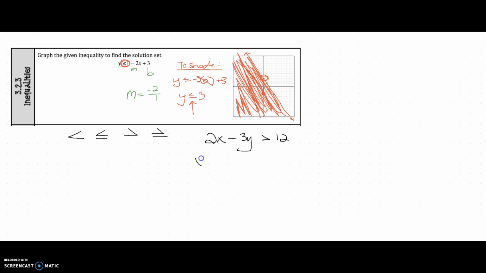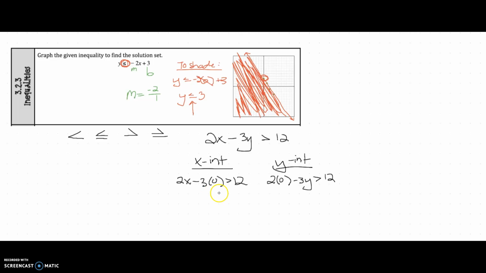So to find our x-intercept, we plug in 0 for y. And to find our y-intercept, we have to plug in 0 for x. We would have 2 times 0 minus 3y is greater than 12.